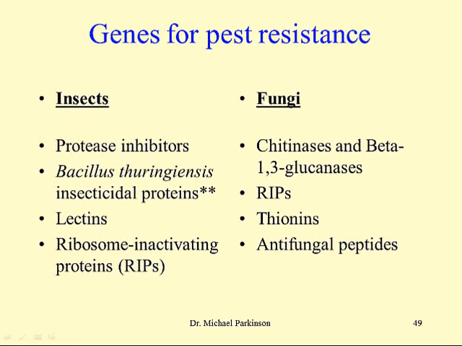For fungal resistance, you can introduce chitinases and beta-glucanases that will break down the cell wall of the fungus. The true fungi contain chitin and beta-glucan in their cell wall. So it's possible to use this approach for targeting the true fungi.